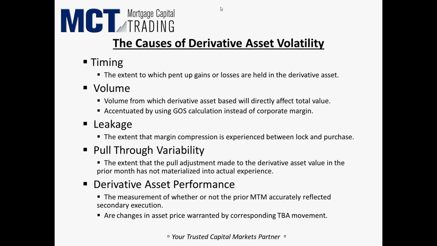And then of course at the point of commitment, we're looking from lock all the way to purchase, because what's going to affect the analysis or performance is if we're expecting a higher number in our fair value of loans held for sale than we're actually achieving when cash comes in the door. That's going to alter the analysis, and frankly, that's a legitimate secondary profitability issue if there's a substantial amount of leakage.